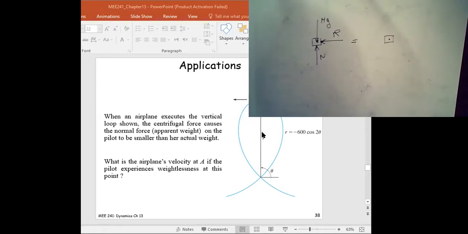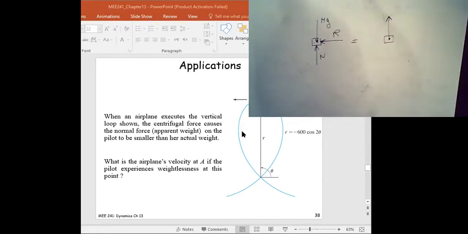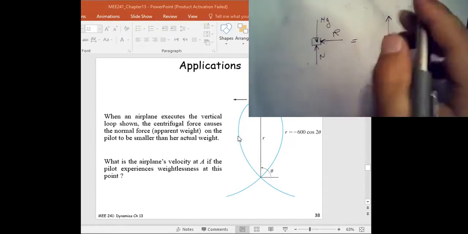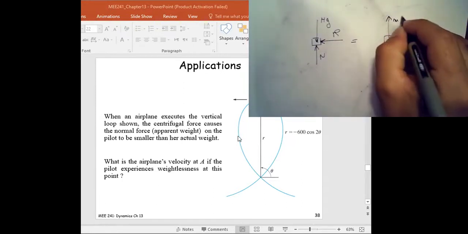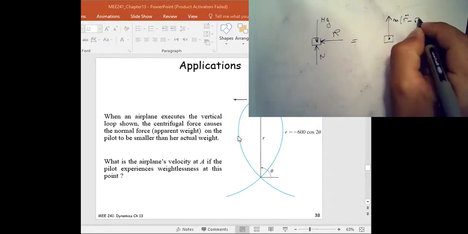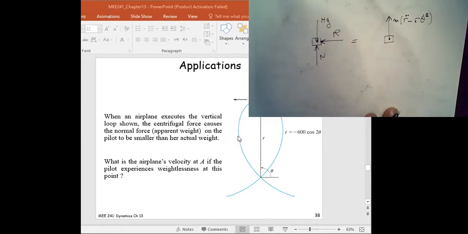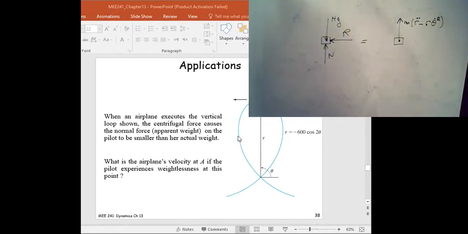If you look at the diagram, we have theta and then we have R. So we're going to have mAR, and mAR is in the positive direction of R. So this is going to be equal to m(R theta double dot minus R theta prime squared).